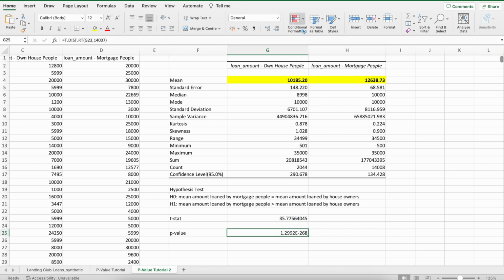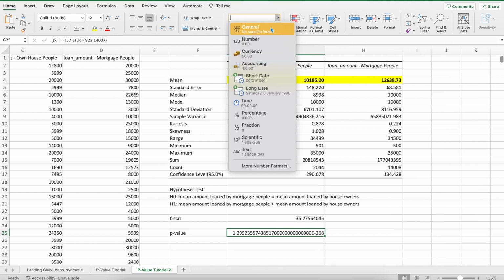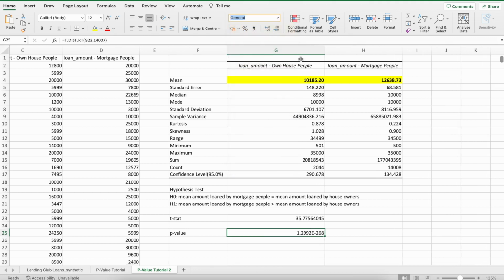Okay, so we get a really large number here. Let me try and see if it will give us a general format. Okay, it's giving us a scientific. What about general? Okay, never mind. So we've got a very, very, very small number here, as you can see.